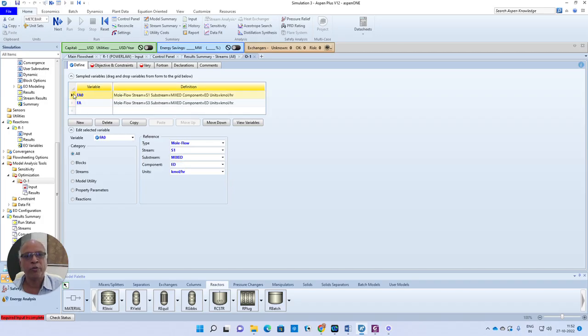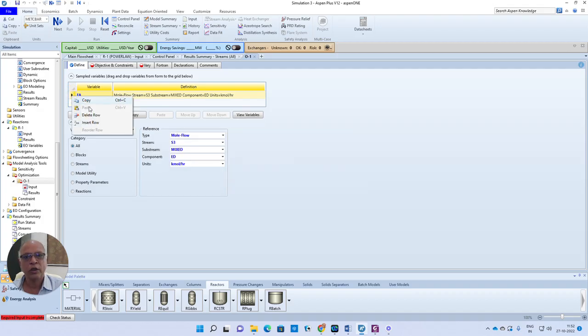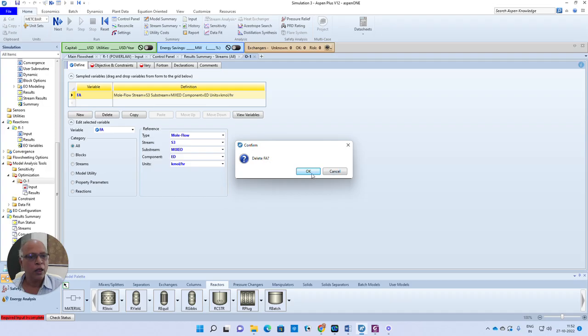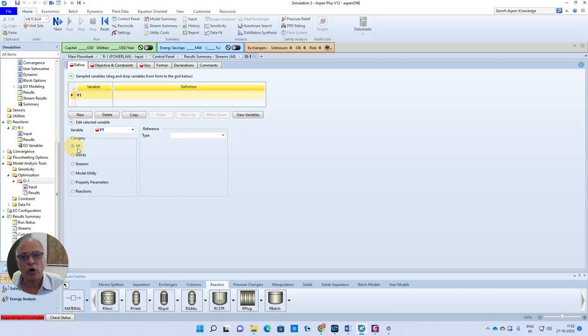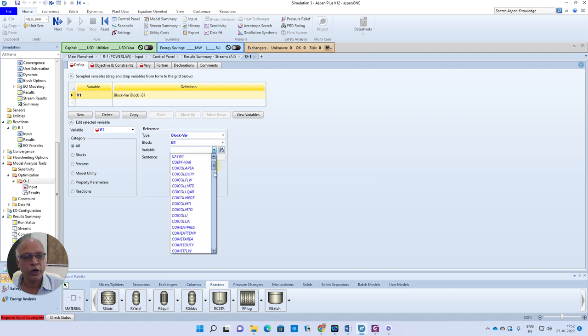Sorry, this probably we need to talk about not here in conversion. Whatever variables you want in your objective function must be defined here. Let me define the volume of the first reactor, V1, which is a block variable. Block is V1, variable is volume.